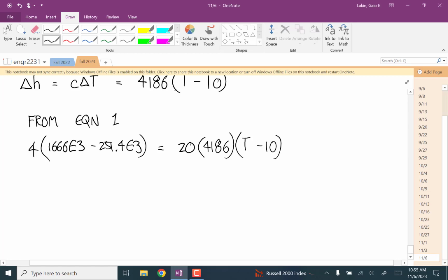Now you only have one variable. Do the algebra, and the temperature at the exit is 77.6 degrees Celsius.